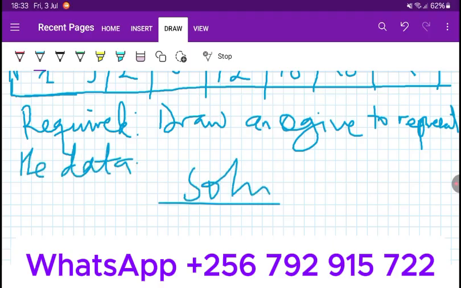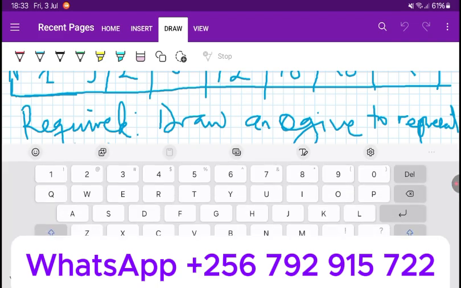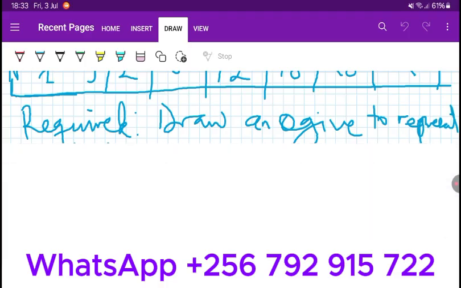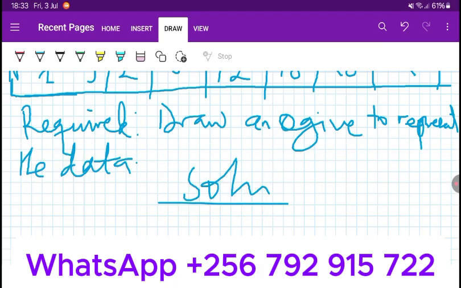So we get the solution, and of course we said that we start by getting the cumulative frequencies, and then we move forward to drawing the axes and then plotting the upper class boundary. But one thing I need to emphasize is that when they tell you to draw an Ogive, most of the times, as I told you, we always take the less than.